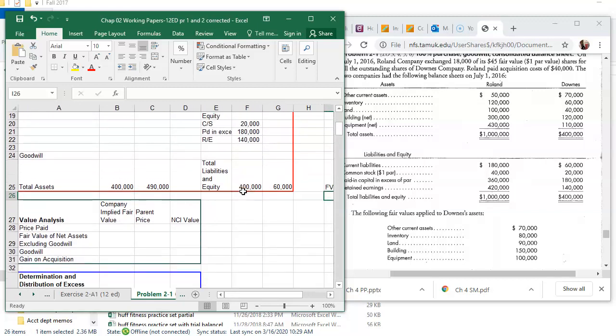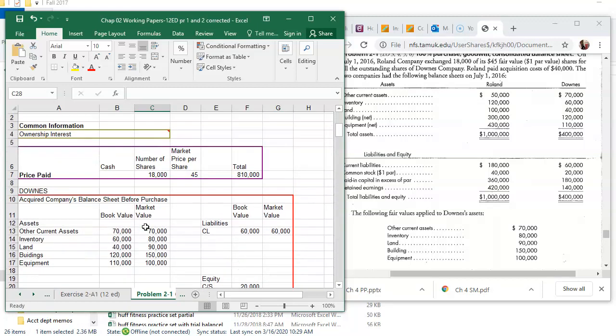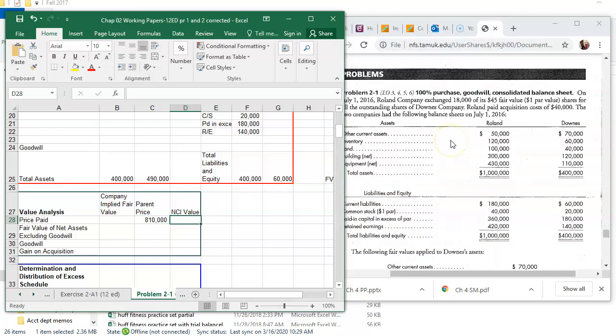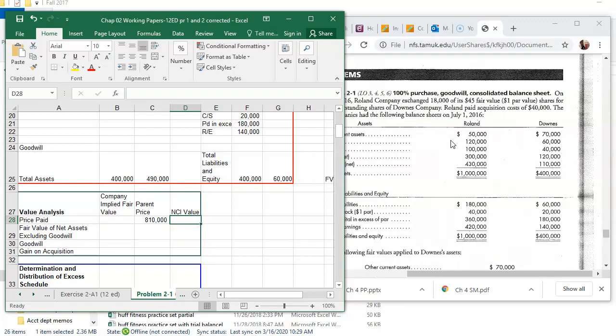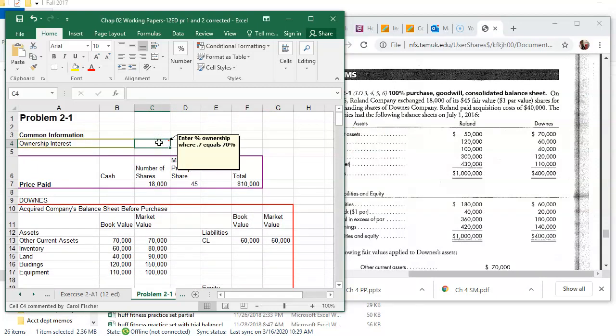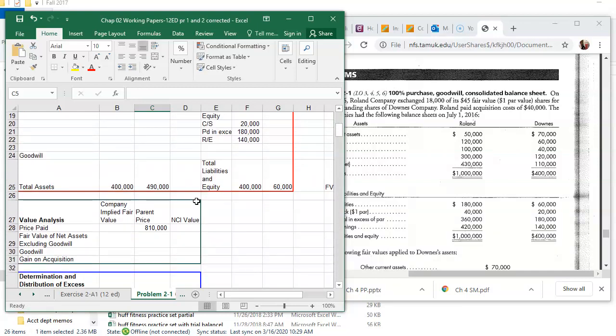All right. Now this right here will help you calculate what goodwill is. So we paid $810,000, and we bought all the outstanding stock. So actually up here, you could put our ownership percentage is 100%. All right, we're buying all of it, so company implied value is $810.